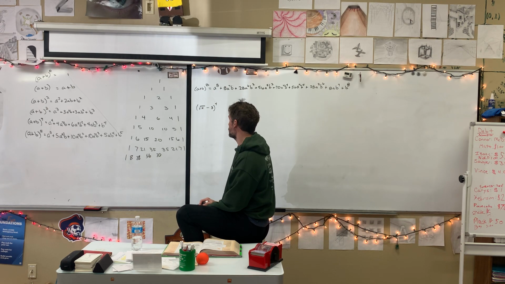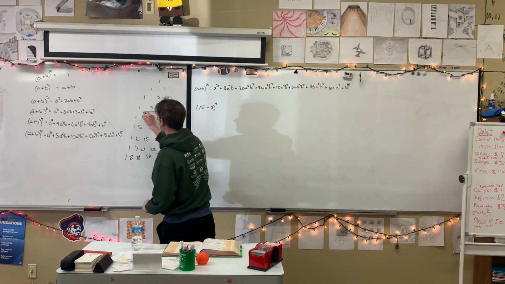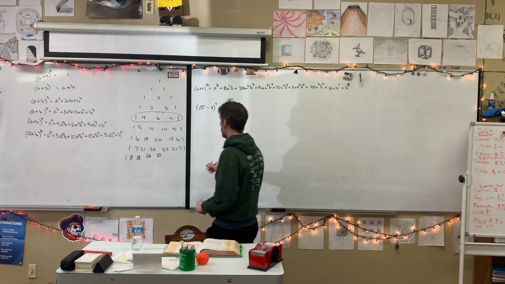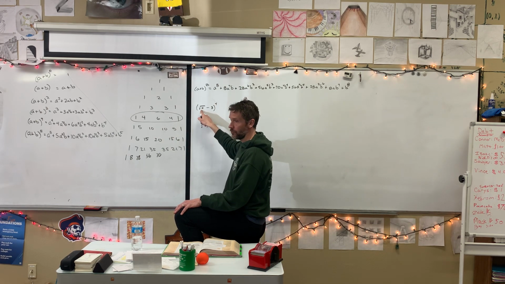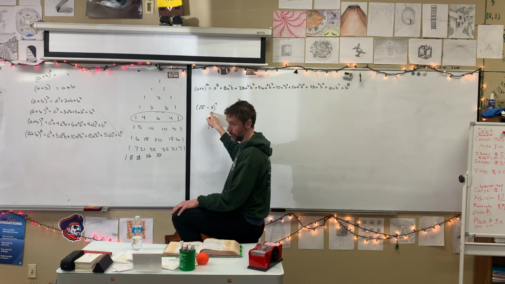So with this, you could actually just FOIL this out to the fourth, right? Or we can use Pascal's triangle. But instead of A's and B's, what are we going to use? Root X's and negative 3's. Important to do the negative portion in there.